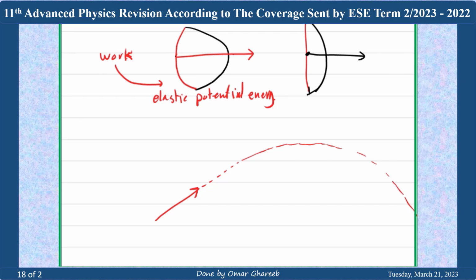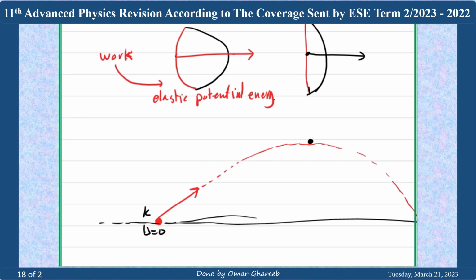Now at the beginning here, if we assume that the launch and the target are at the same level, here we have only kinetic energy, and the potential energy is 0. At the highest point, some students will say the velocity is 0, so the kinetic energy is 0.